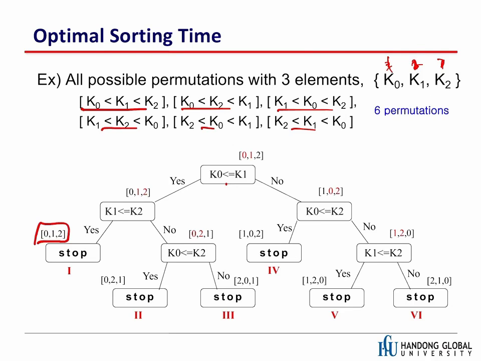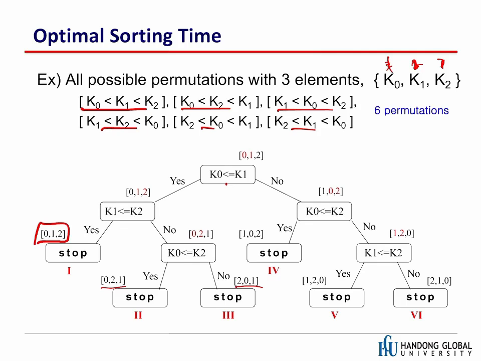Or if K2 is smaller than K1, then we are not sure that K2 is greater than K0 because we never compared. K0 is smaller than K1 and K2 is smaller than K1, then we have to compare K0 and K2. So depending on the result, it could be this or this.